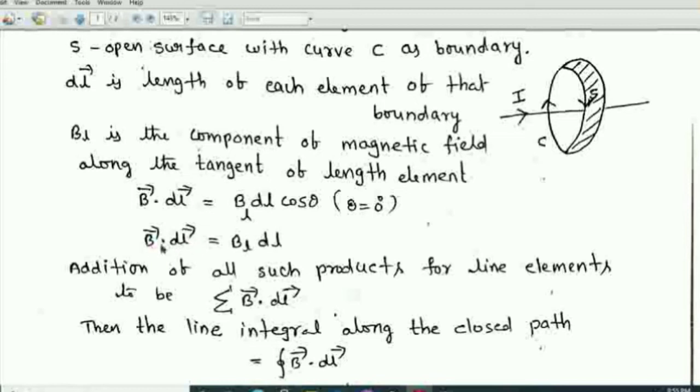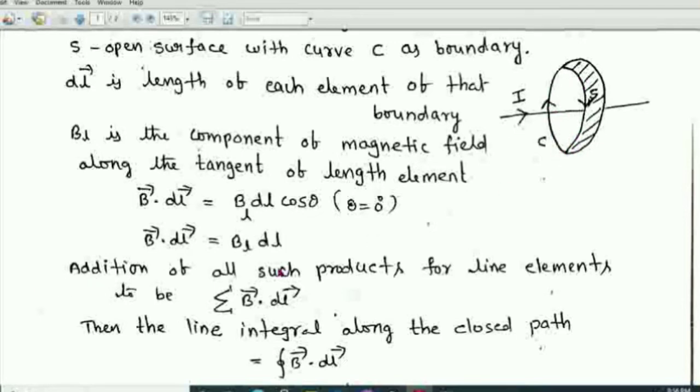So this is the magnetic field due to a length element of length dl bar. All such products for the line elements along the boundary of the surface are added together. That means if you take the curve, there are a number of length elements of length dl bar on it. If you take the summation of the product B bar dot dl bar, that gives the total line integral of the magnetic field.